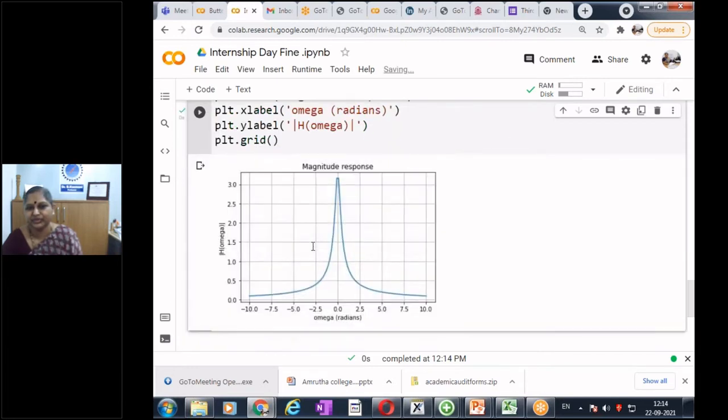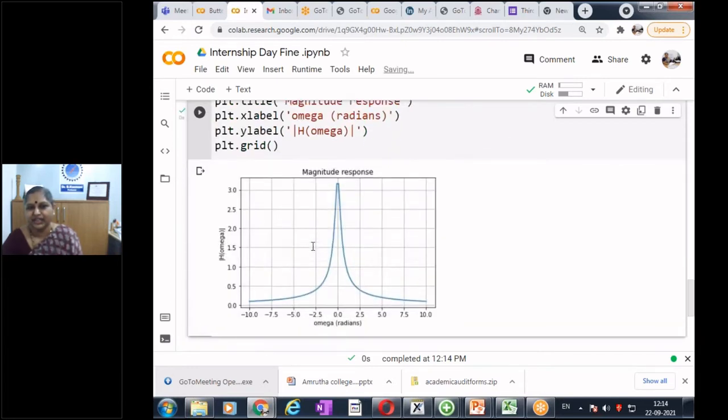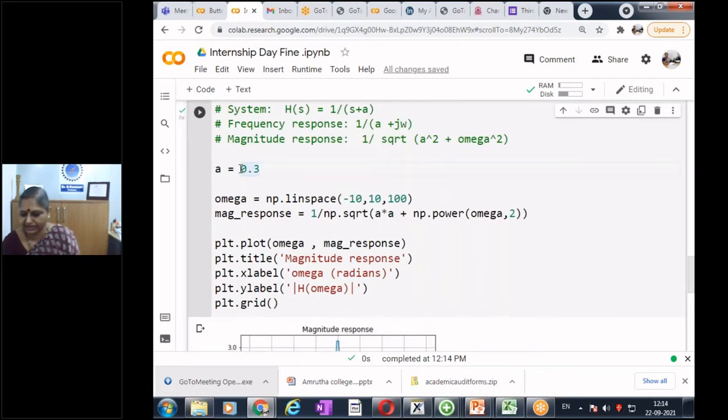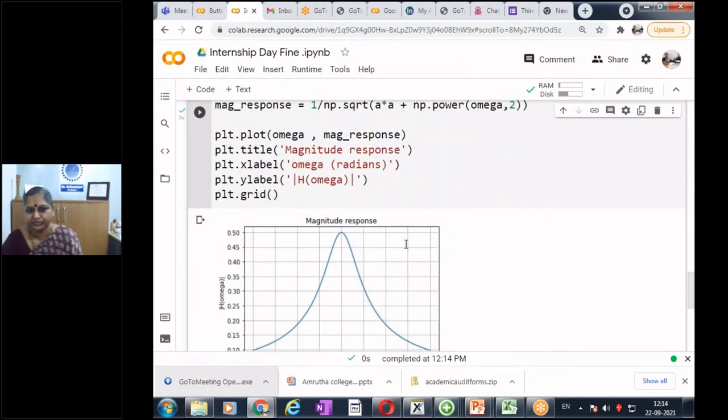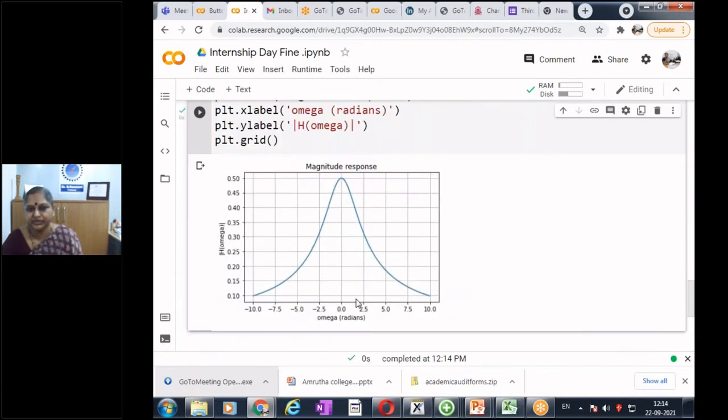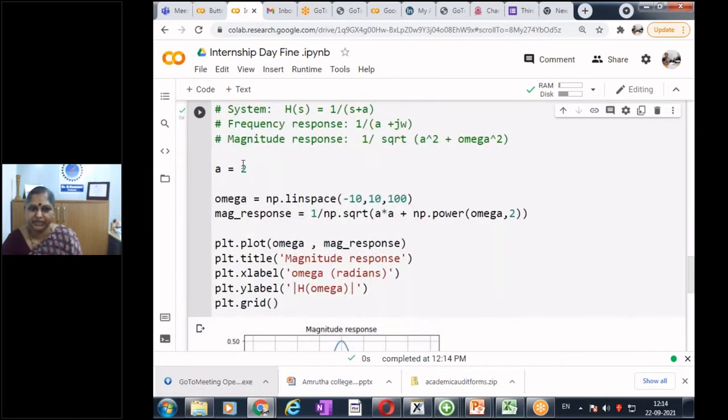What happens when A equal to 0.3? So then what do you want to conclude? And then retain the result at A equal to 2, and then we get this value. Okay, so where is A equal to 2? A equal to 2 somewhere here, or put A equal to 1 and see what happens.